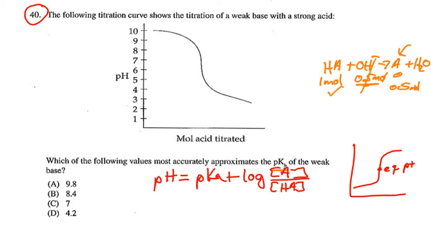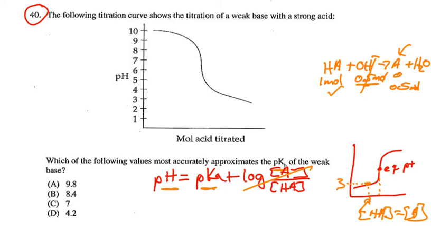So at this point, about halfway to the equivalence point, is where the concentration of the acid and its conjugate base are the same. And so this goes away in the Henderson-Hasselbalch equation, and the pH will equal the pKa. So all we'd have to do is come over here, and if the pH was 3, then the pKa would be 3. So simple enough.